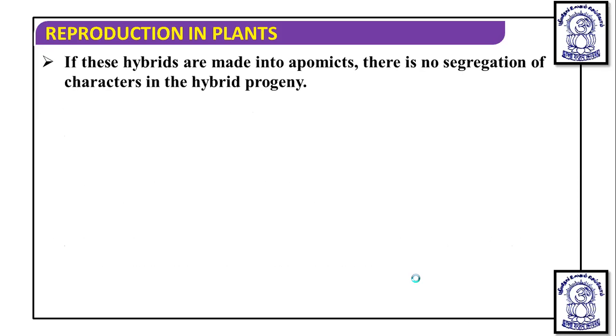Now this is the important one, because in the previous slide we studied that whenever a particular hybrid is produced, the hybrid will release new variation in the next generation. It will not continue because segregation will occur. But if we need to continue this hybrid character, then apomixis will help, because in apomixis meiosis is not going to happen. So if these hybrids are made into apomictic, there is no segregation of character in the hybrid progeny and it will be continued.